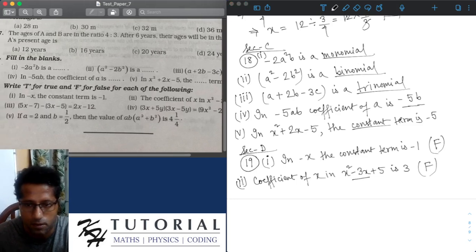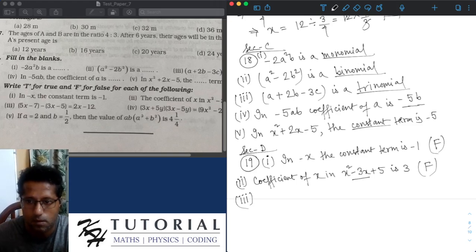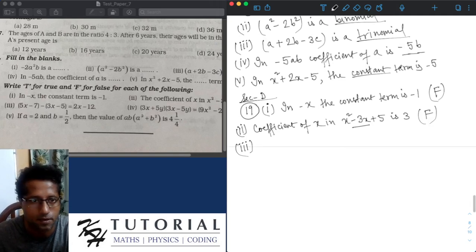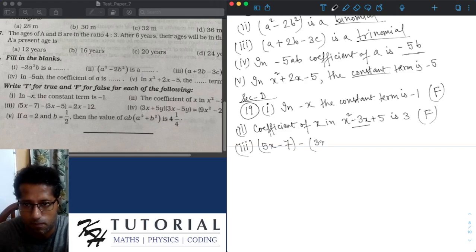Okay, let's do part 3. Part 3, it is saying that 5x minus 7 minus 3x minus 5 equals 2x minus 12.